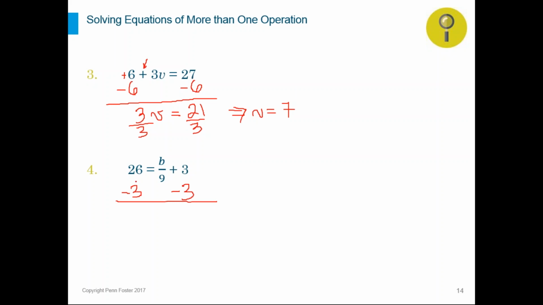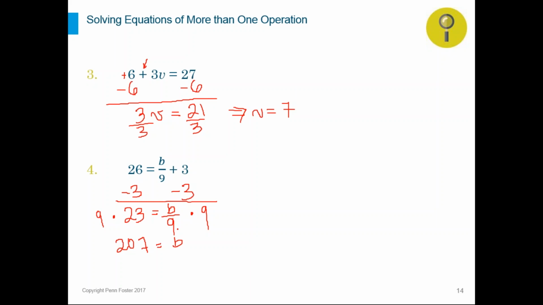26 minus 3 will give you 23 equals b over 9, and 3 minus 3 is 0. We still have b divided by 9, then reverse that by multiplying times 9 on both sides. 9 times 23 will give you 207 equals, these will cancel out and it will just remain a b on the right-hand side.